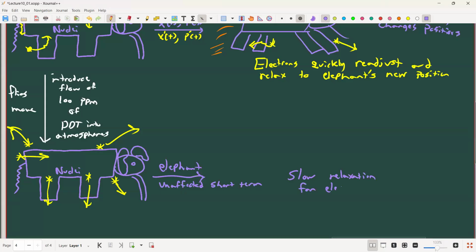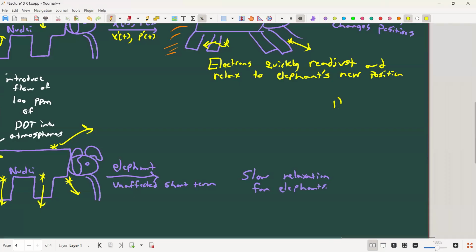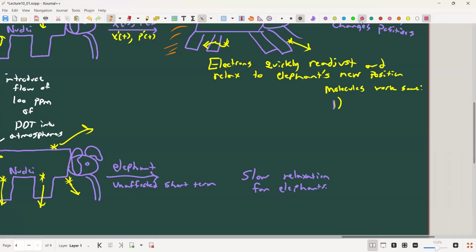Molecules work exactly the same way. I'll do this in a different color. Let's do green.